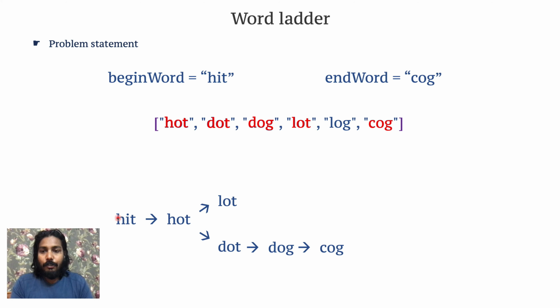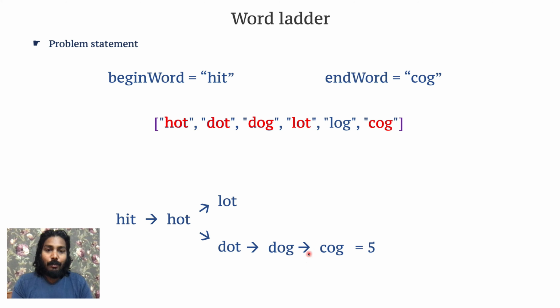Along this word list, there is just one character difference at each step, and we reach the end word by constructing a sequence. So we are forming a ladder: hit jumps to hot, jumps to dot, jumps to dog, and finally reaches the end word. This is one solution which contains 5 words.